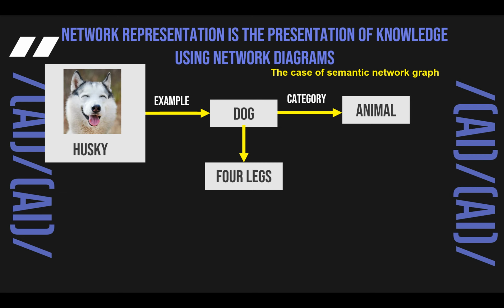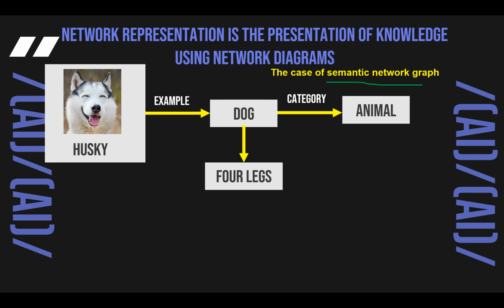And let's see a case about a semantic network graph. The network representation is the performance of knowledge. Normally, they will use network diagrams. For example, this is a very cute husky here, an example of a dog, and under the animal category.